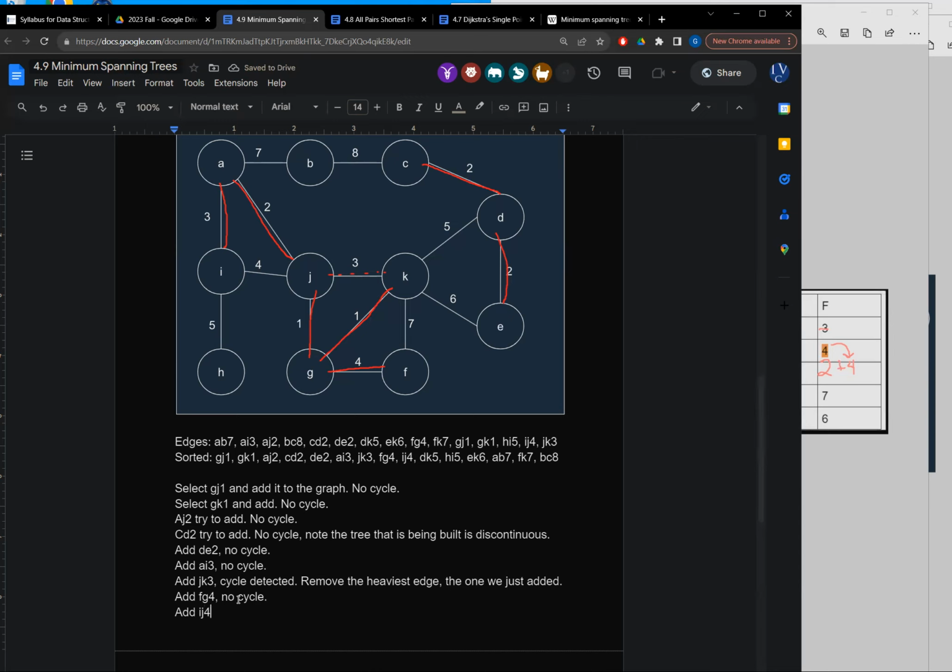All right, so I and J are both in the graph, so connecting those two will create a cycle. So we'll remove IJ4. Let's go ahead and draw it out there. Now we attempted to add this edge. That created a cycle. So we remove that edge because it's the heaviest in that cycle.